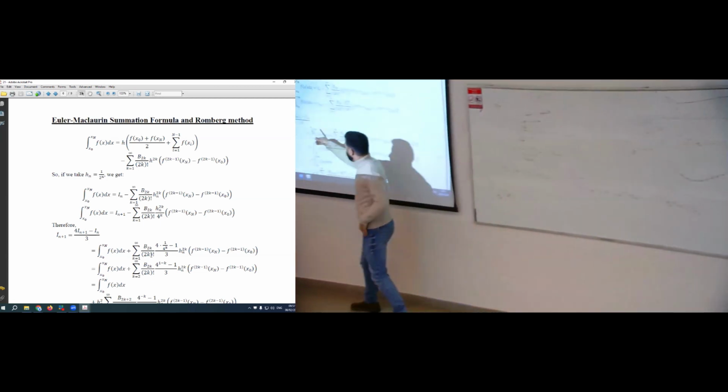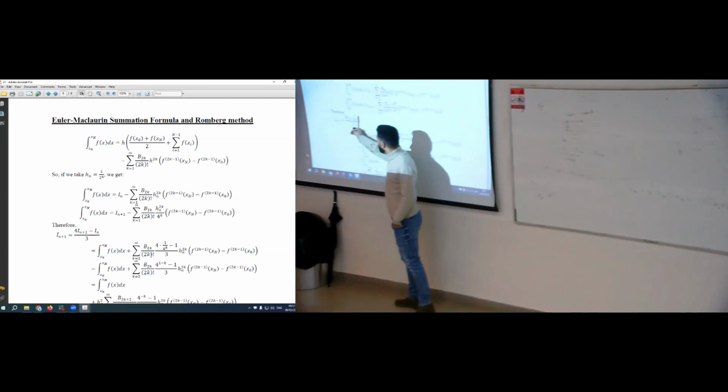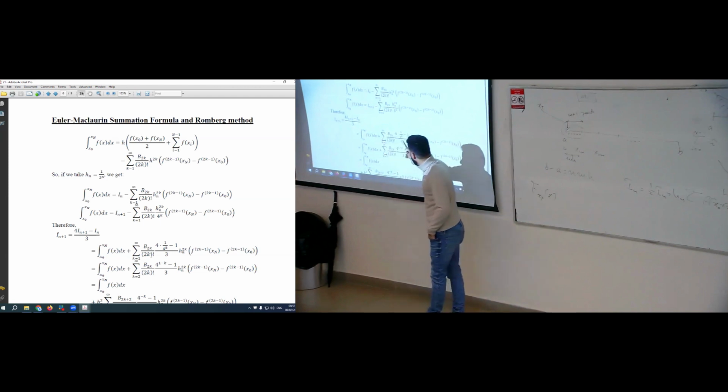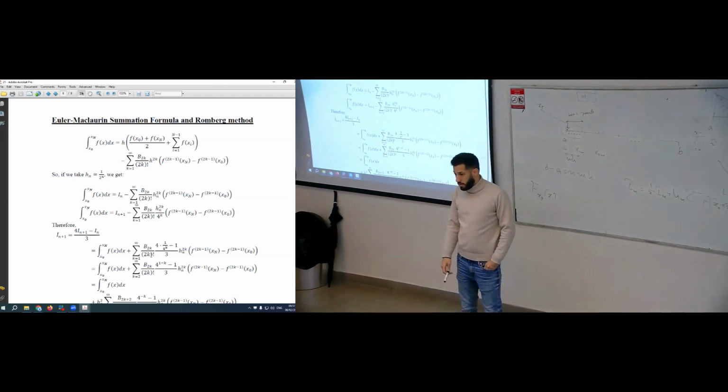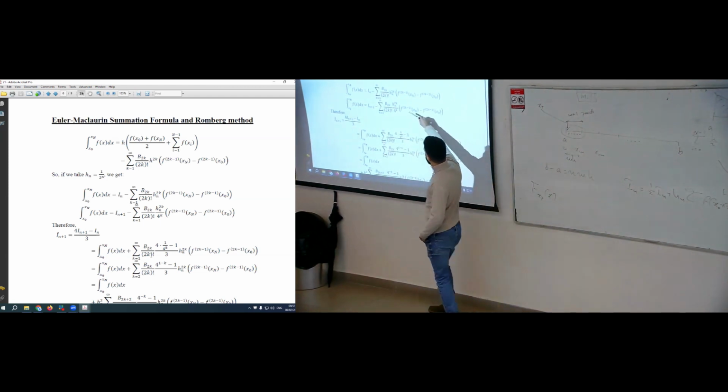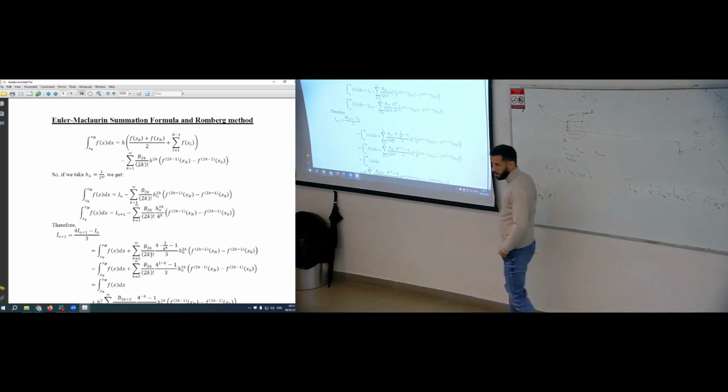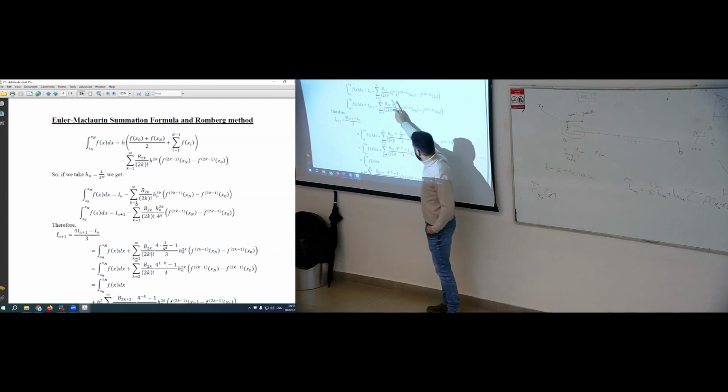So 4 of I_{n+1} minus I_n over 3, I will get this using these two equations. And I can write this, and at k equals 1, what is this?